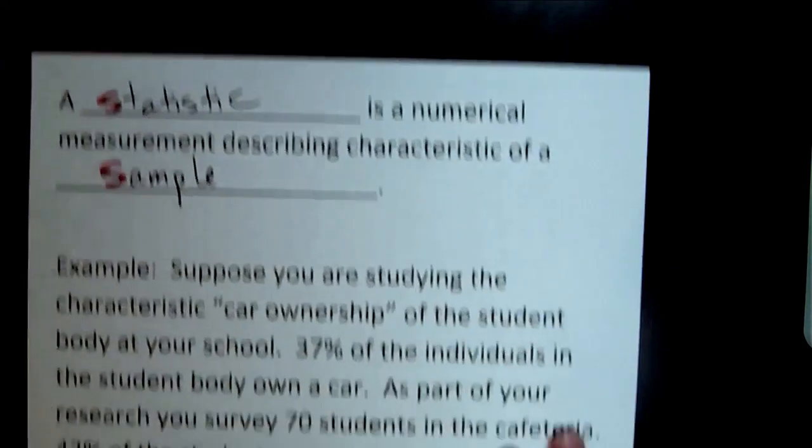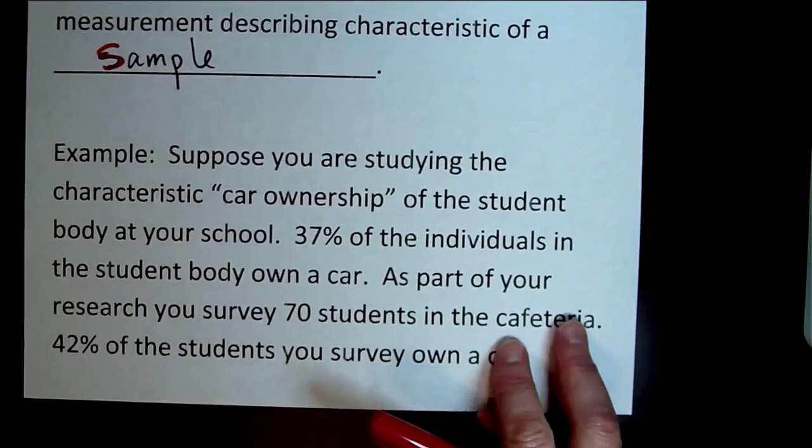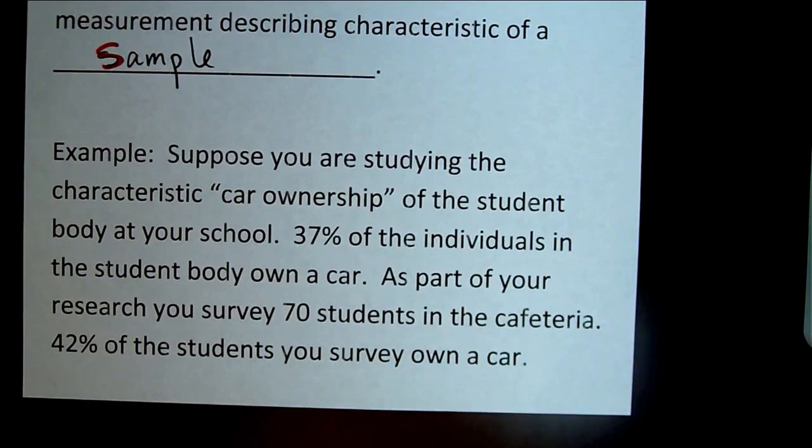Okay, let's look at an example of all this stuff. So suppose you're studying the characteristic car ownership of the student body at your school. And it's known that 37% of the individuals in the student body own a car. Now, as part of your research, you survey 70 students in the cafeteria.